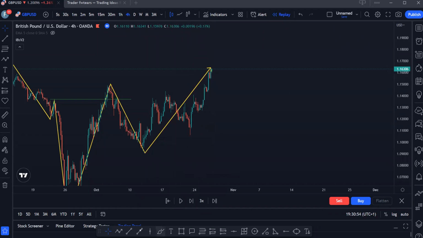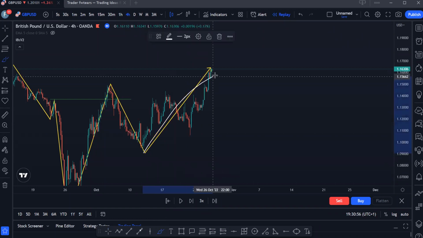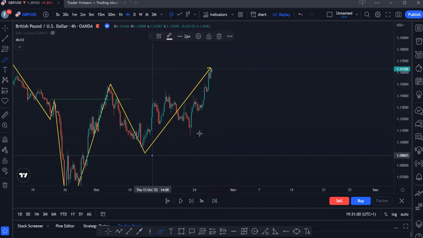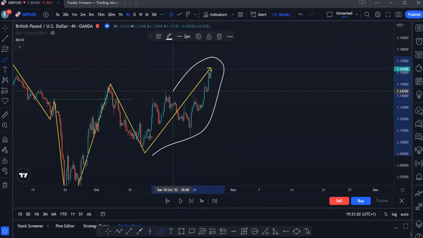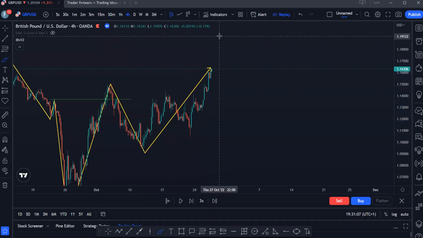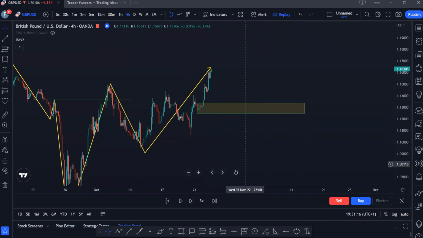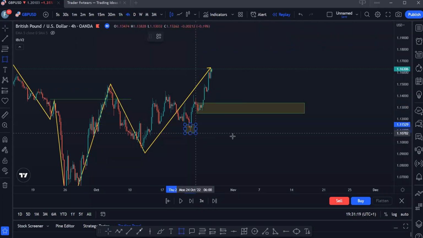In this move, this up move, you are looking for areas of support over here. Easily we can spot support areas here when you draw it out. This is a support area. This is another support area here.